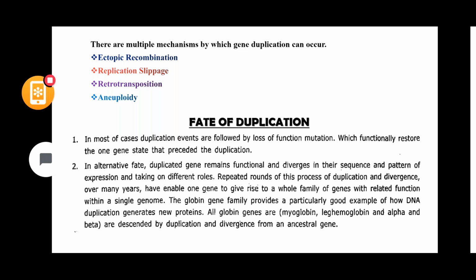Okay, now the fate of duplication. What is the fate of duplication? Like I have already told you, it helps in evolution. It is used to find the evolutionary relationship of organisms. Suppose there is a population of 100 organisms of the same species, and 10 of them are evolving because of this duplication.